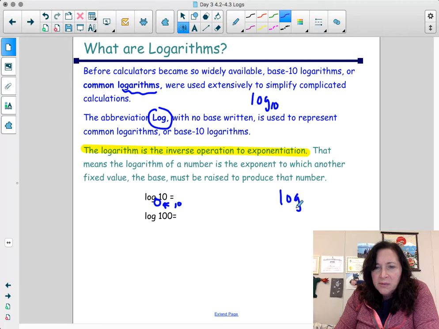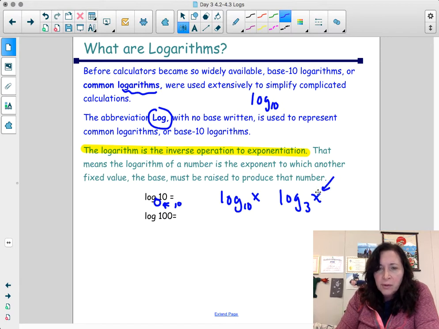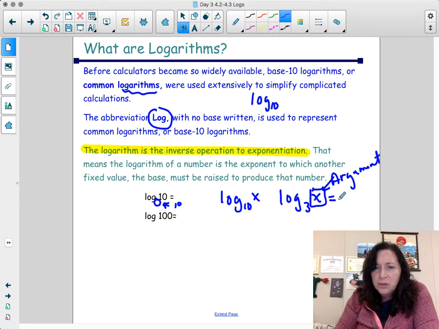If there is a base, if you do see a number below here, that value is the base. In this case, that would be base 3. If I just wrote log of, let's say, x, and this would be base 10. Okay, x in this case, or the value that's right here, is our argument. We call it an argument. And you're usually going to set that equal to an answer, and let's just call that 2.